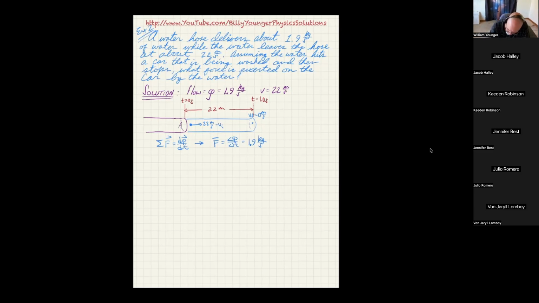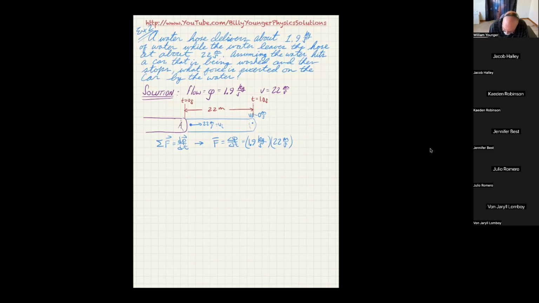When you start to think of it that way, then you realize, okay, I can think of this 1.9 kilograms as the mass, and then the momentum, of course, would be the mass times velocity. So if I multiplied it by the 22 meters per second, I would get kilogram meters per second, which is the unit of delta P, or P, that's the unit of momentum, divided by the time taken.